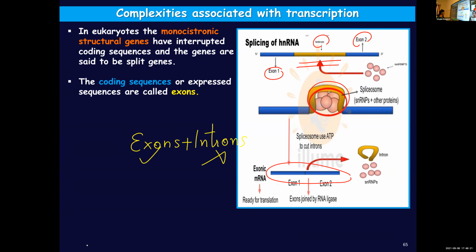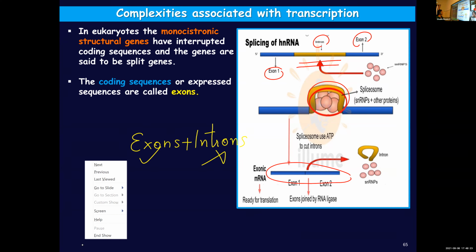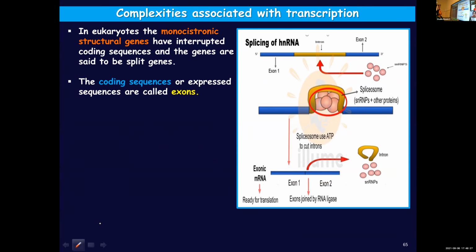I'll explain it again. In eukaryotes, the monocistronic structural genes have two types of sequences, coding sequences and some interruptive sequences. And hence we call them split genes. It's not continuous. In between some unwanted or interruptive sequences are there.